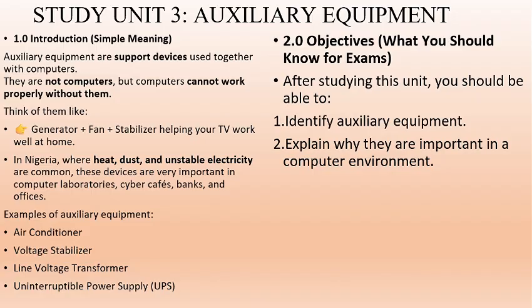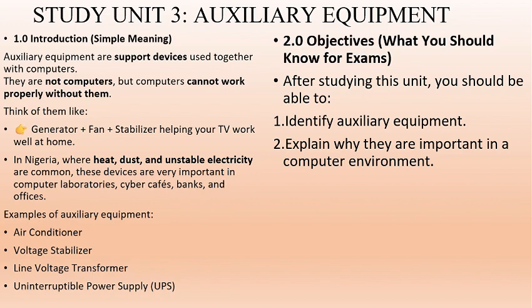The meaning of auxiliary equipment is an extra or supporting gear, like an add-on that helps the main thing to work. For example, the camera of a phone. Some people use a phone to record a video.